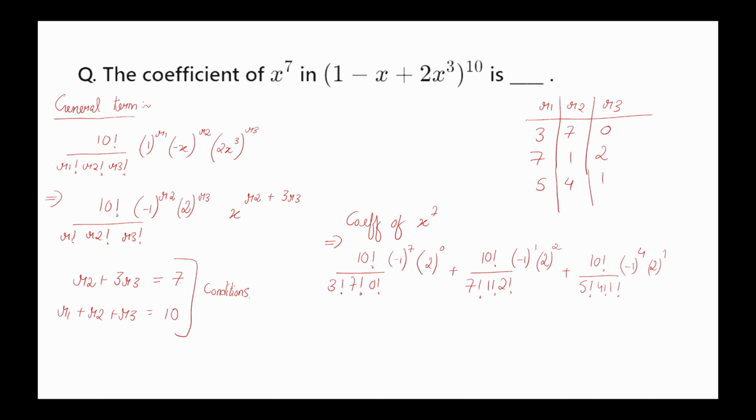So this is what my coefficient of x to the power 7 is going to be. And if I solve all these 3 terms, what is my final answer going to come out? 960. So you can solve it by yourself and find your answer to be 960.